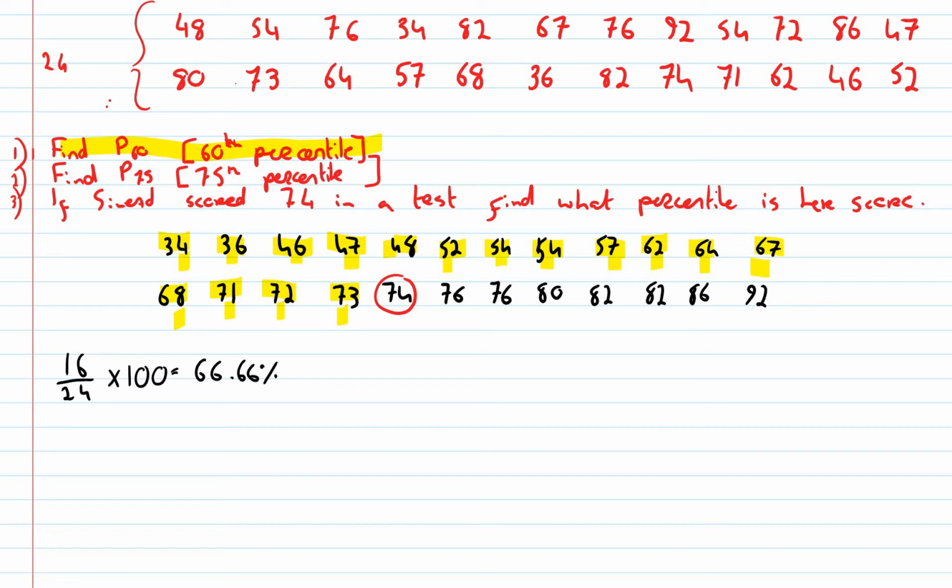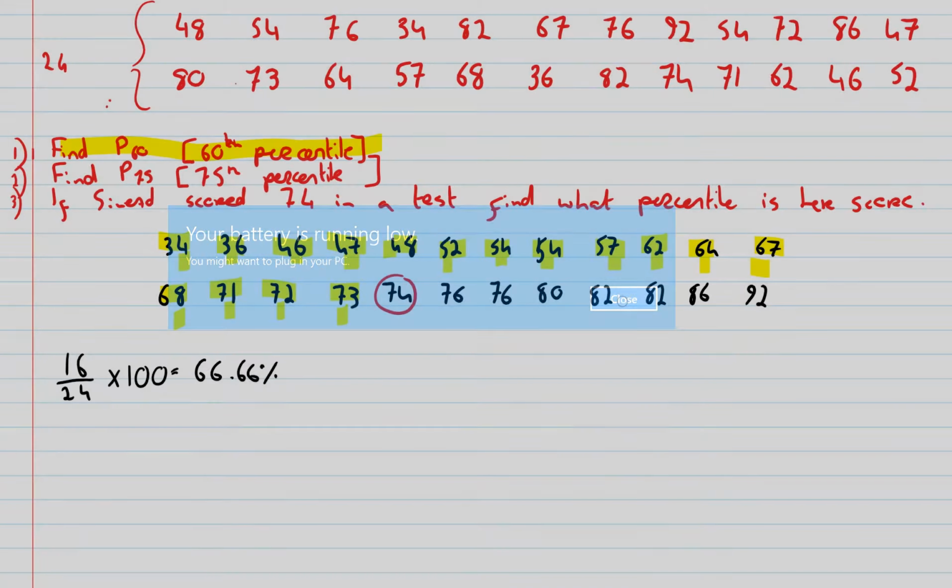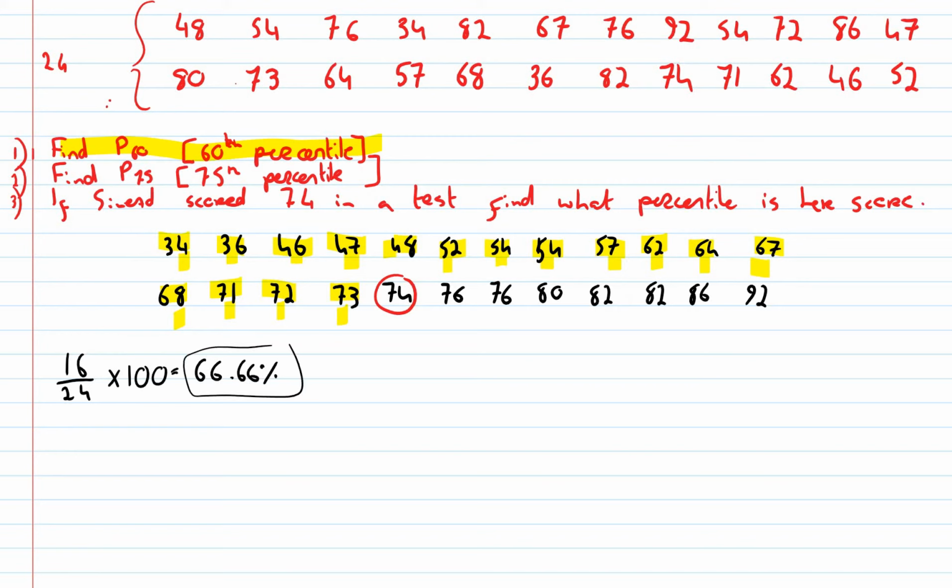And in percentiles we don't deal with decimals. So that's 66.66. We don't always round up on this, we just round normally. So this is 67. So she's in the 67th percentile.